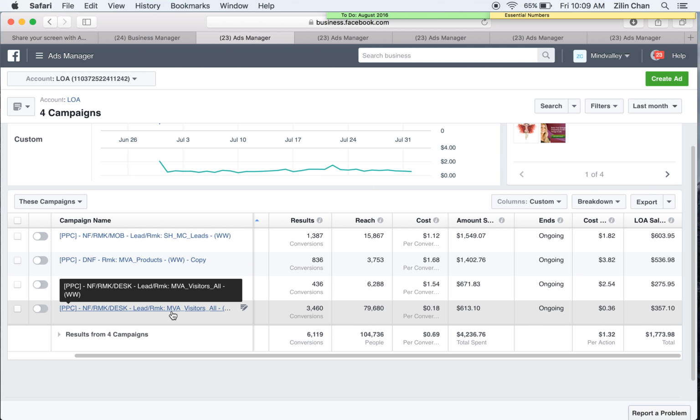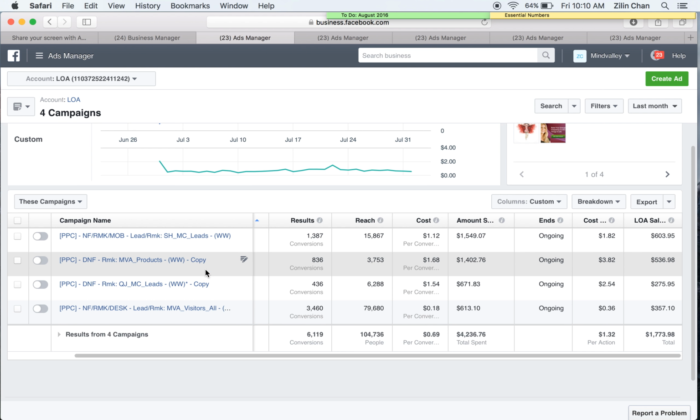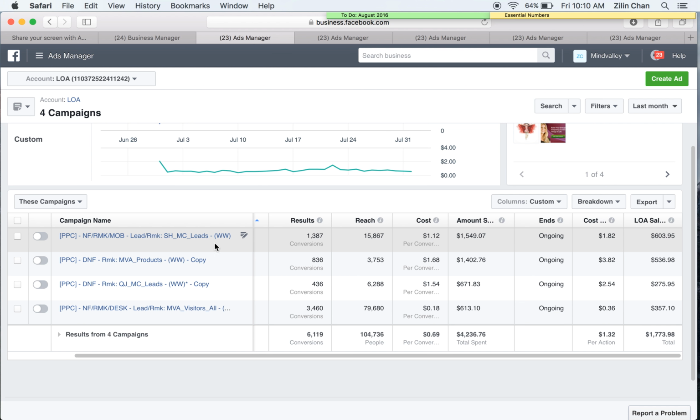And people who have landed on the Mind Valley Academy page, across all pages, desktop. We can see that it's all remarketing campaigns. There's no cold campaign. So obviously, remarketing campaigns work really well for this account. If we look at the ratio between mobile and desktop placements, desktop wins. Mobile is just one campaign.